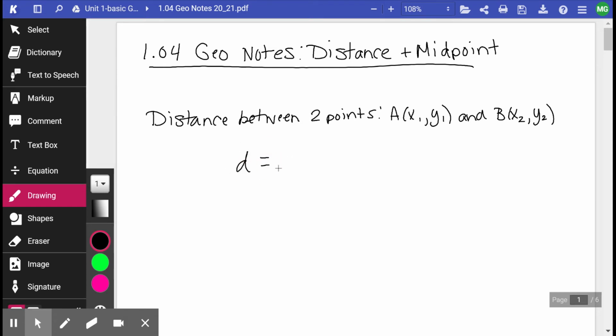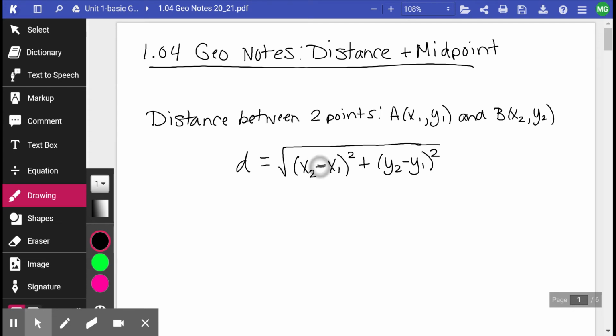So for distance, we use d equals the square root. It's always positive because we're talking about a distance. In parentheses, x sub 2 minus x sub 1, quantity squared, plus quantity y sub 2 minus y sub 1, squared. One way to remember this, because the most common mistake is people mix up the subtraction symbols and the plus, is that we don't want a negative underneath our radical.